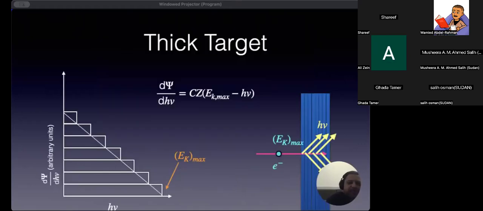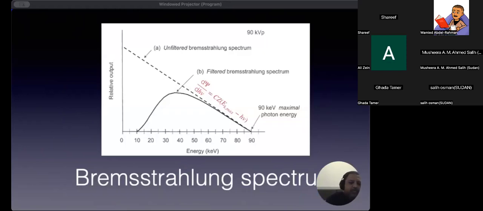So if we look at the thick target, in this first layer, we're going to have low energy photons being produced. In that case, these low energy photons will probably be attenuated. They will not come out from the target. So what we're going to observe here are probably only these higher energy photons. The low energy photons will probably be absorbed within the target. That's why what we get is this filtered Bremsstrahlung spectrum.